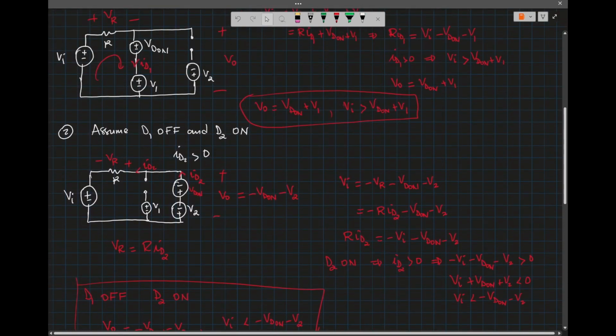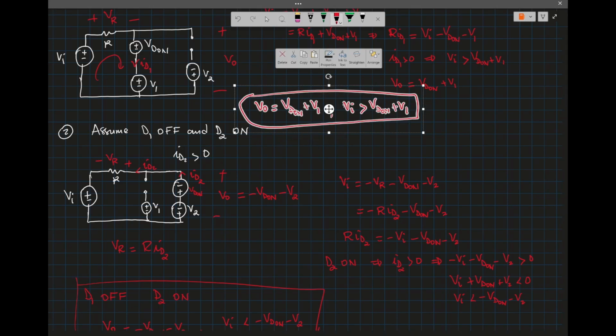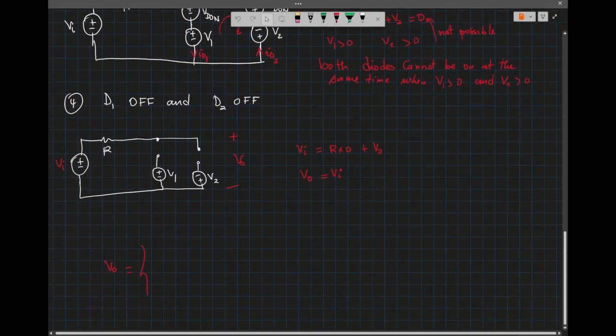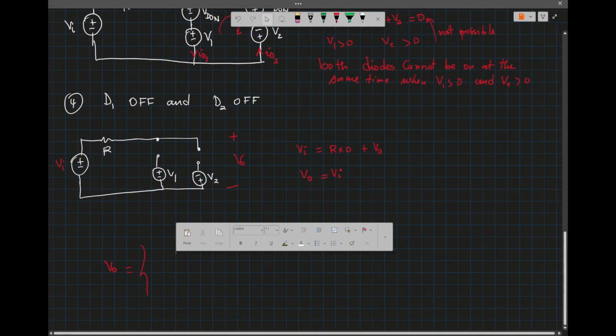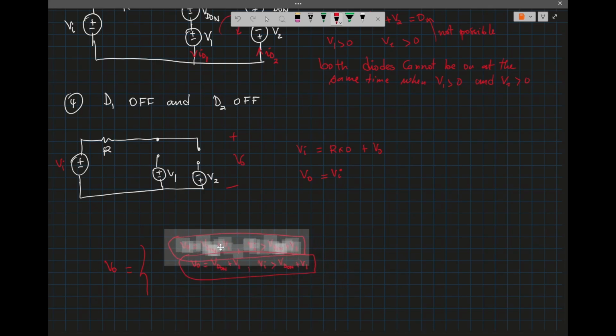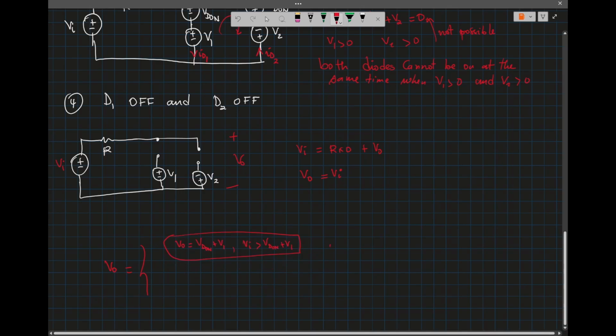Let me just copy that over there, paste it here, and shrink it down. That's condition number 1: D1 on, D2 off.